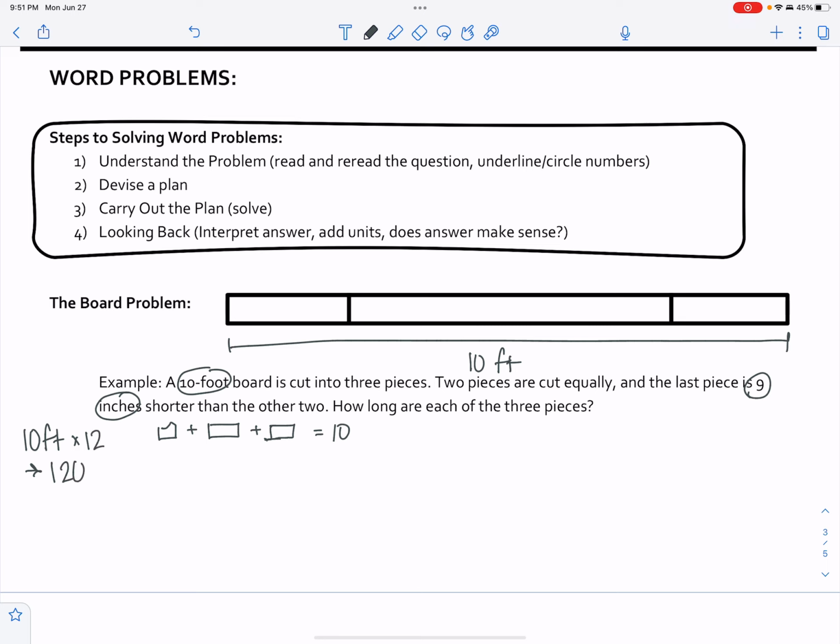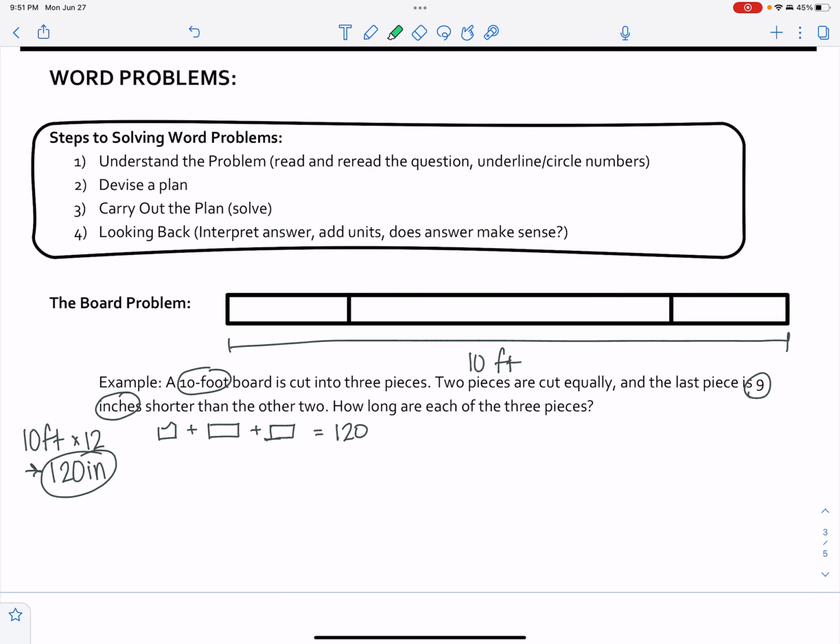And so 10 foot is 120 inches. And that's what I'm going to use here for my total, so that all of those units now match. And so I've got the first piece plus the second piece plus the third piece all has to equal 120 inches or 10 feet.